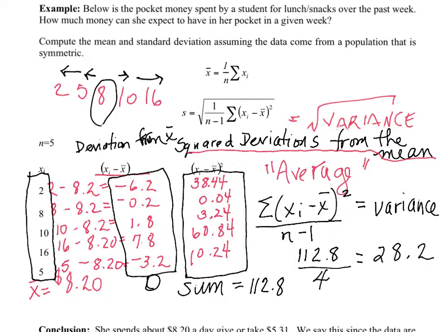Are we finished? Well, we should be able to answer the question in the same units that the question was posed. What were the units of the original problem? Well, these were dollars, right? Dollar spending. So X is in dollars.